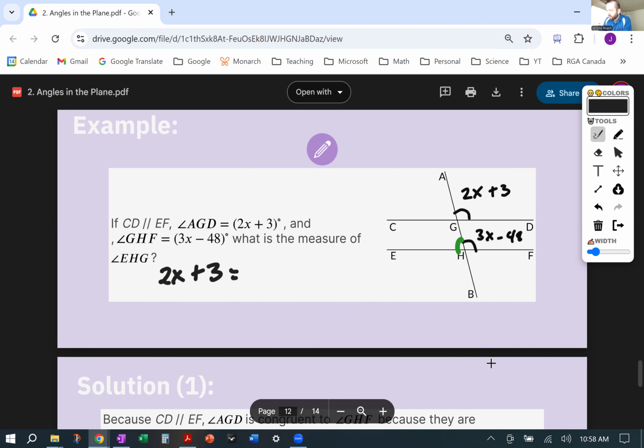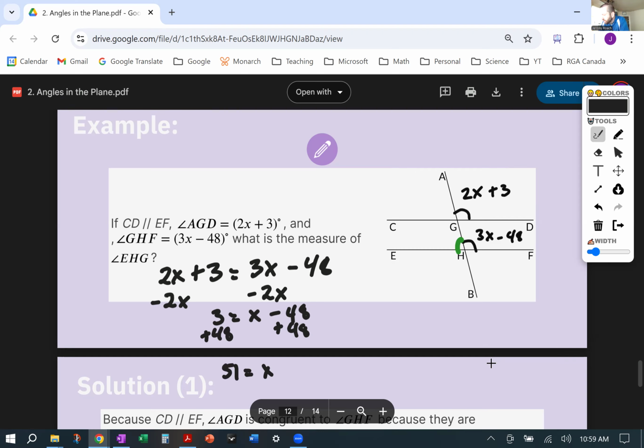So here's 3x minus 48. We're just setting these equal to each other, and we're just going to solve for x again. So it's minus 2x, 3 equals x minus 48, plus 48 on both sides. And we should get 51 equals x. Now, again, we have to figure out what the question's asking us. It says, what's EHG?